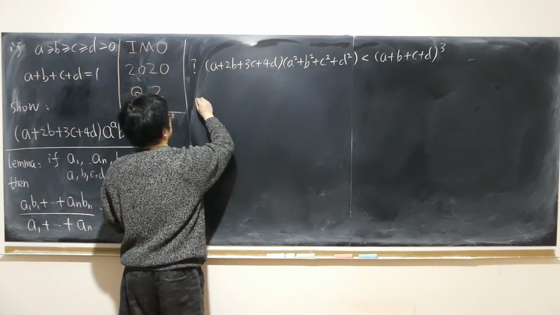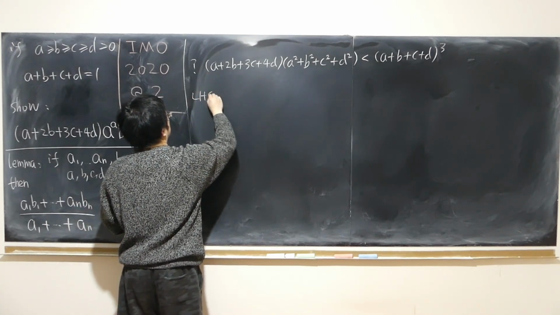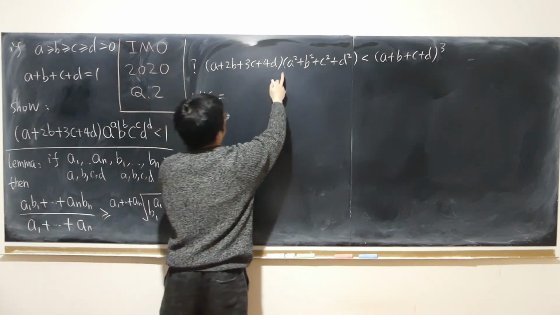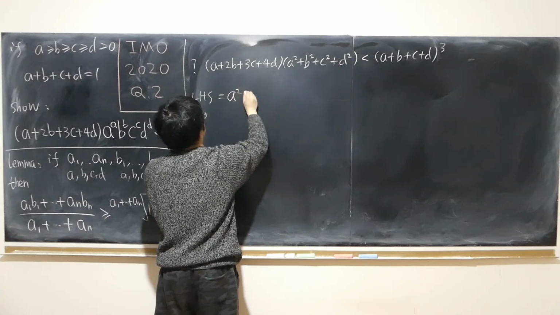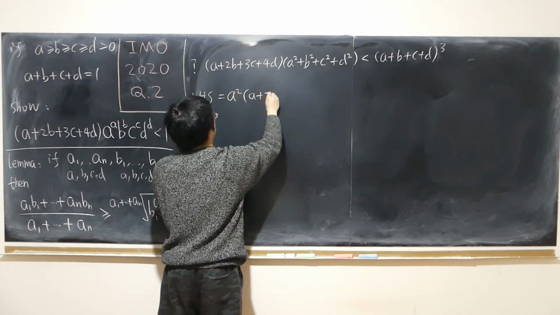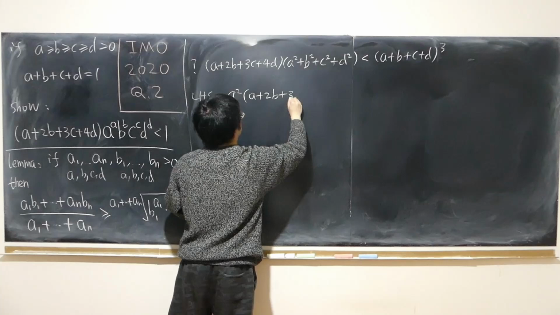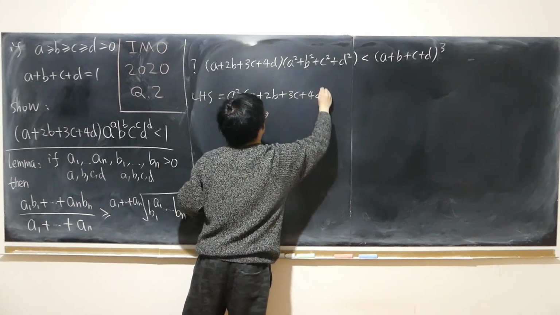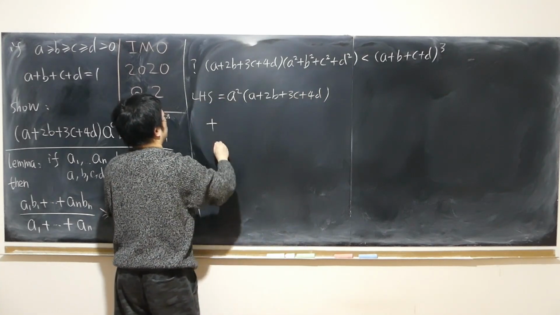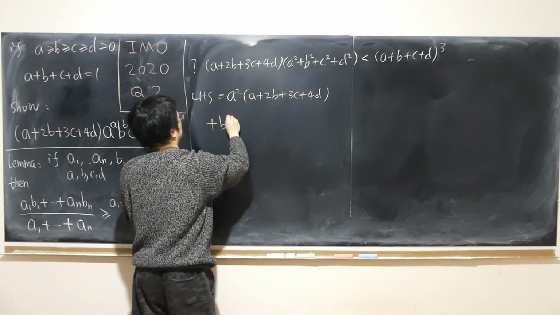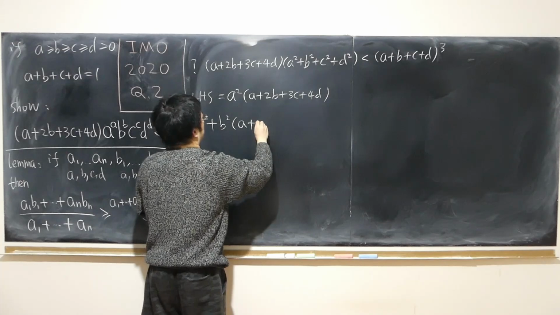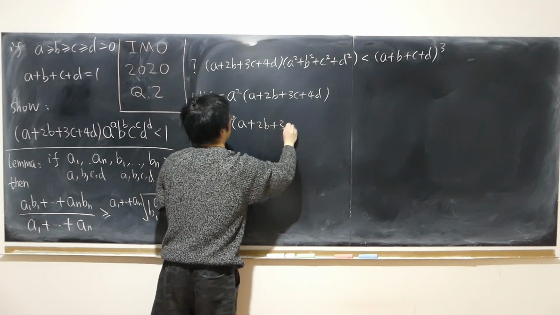So left-hand side is equal to what? Of course, distribute this onto the whole piece. A squared times A plus 2B plus 3C plus 4D, plus distribute B squared onto the whole thing. B squared, same thing, A plus 2B plus 3C plus 4D.